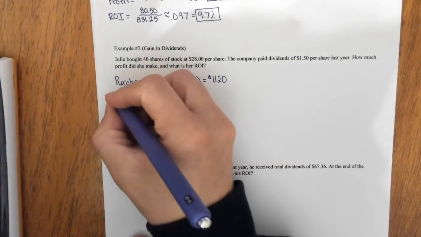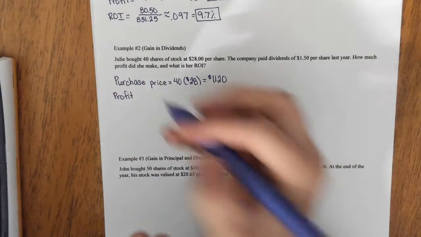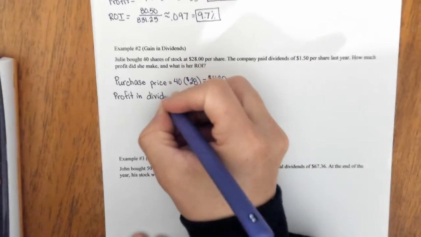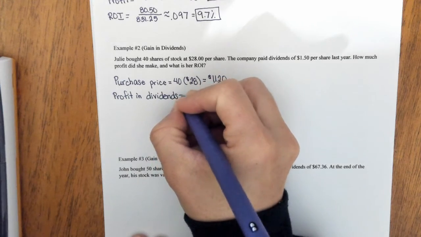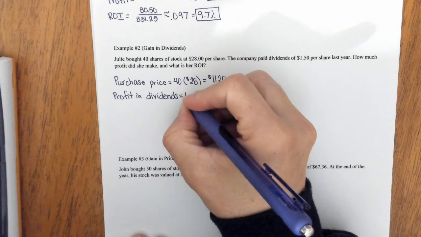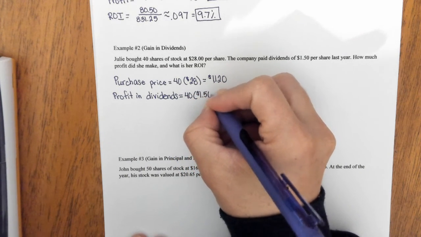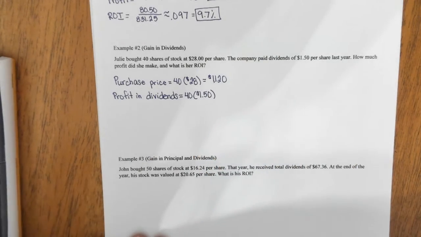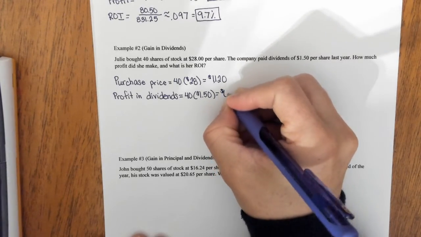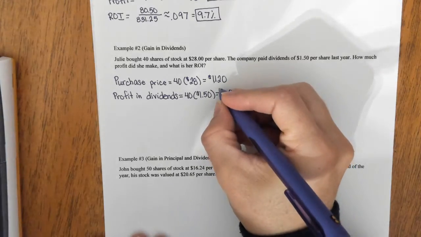So then her profit in dividends, that's the only way she's making profit so far because it didn't say anything about selling, is $1.50 per share. She has 40 shares. And she makes $1.50 on each share. So her profit is $60.